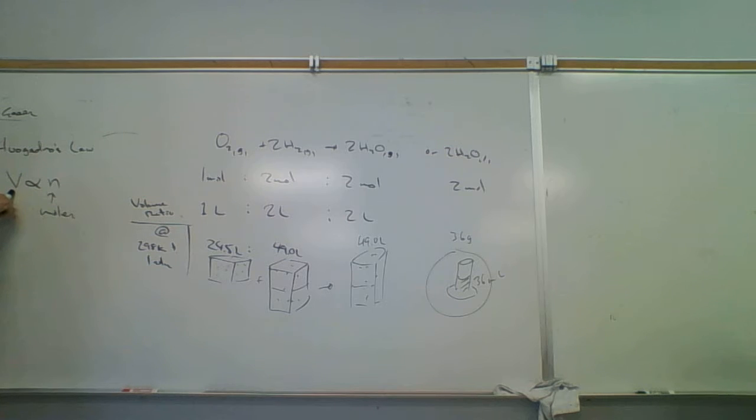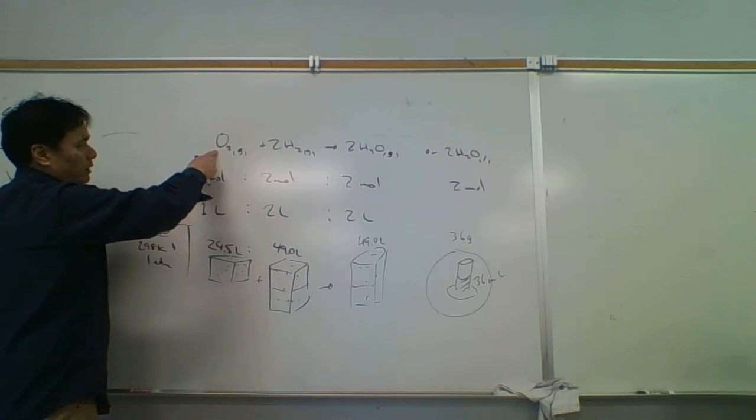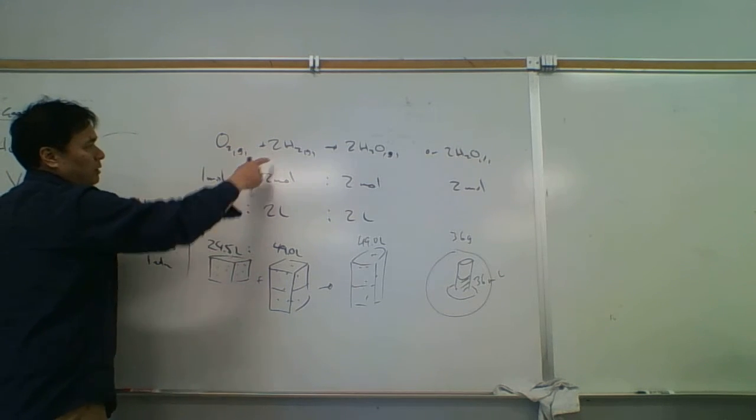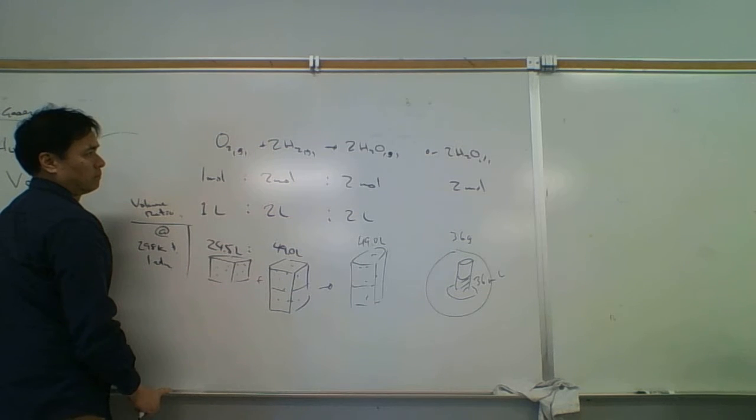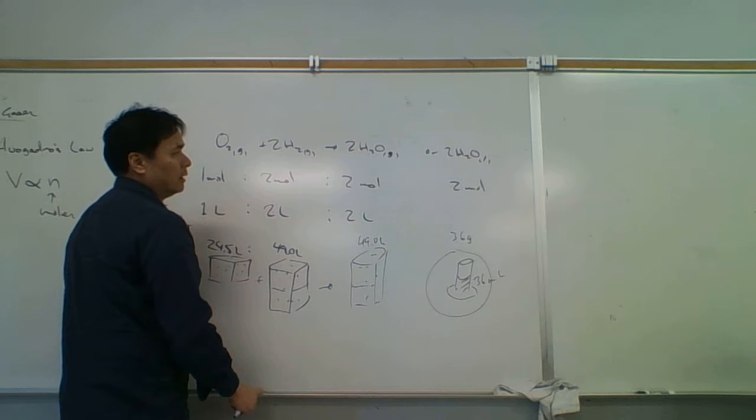That's because of Avogadro's law, volume and moles directly proportional to each other. And so when I look at a balanced chemical equation like this, I could say 1 volume of O2 requires 2 volumes of hydrogen. It's going to form 2 volumes of H2O gas.